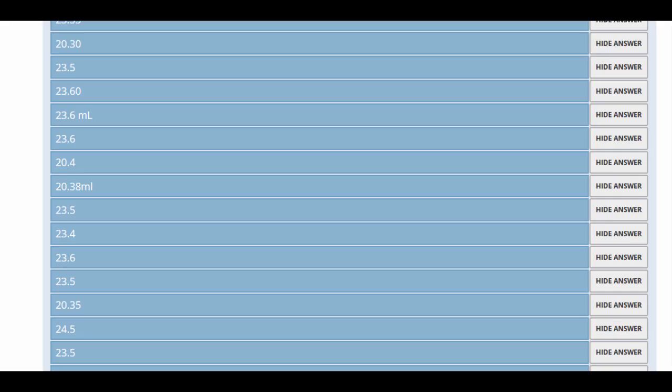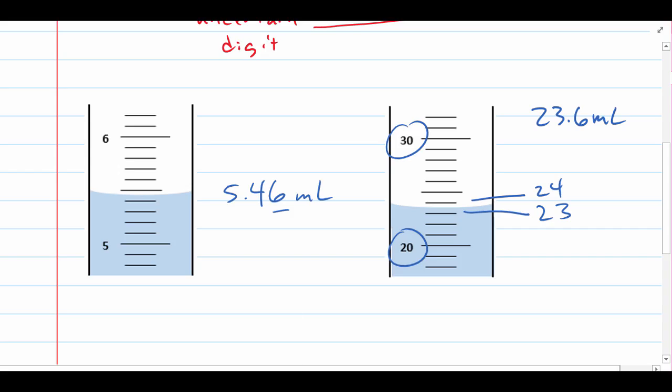Yes? Thank you. So in this case, how would we write this when we wanted the plus or minus a certain uncertain digit? Okay, if I asked you what the implied uncertainty was, and by implied, that means we're just guessing. There is kind of a right or wrong answer, but in the absence of all other data, you should assume usually an uncertainty of plus or minus 1 in the last digit. So, if we're assuming plus or minus 1 in the last digit, the uncertainty in this one would be how much?